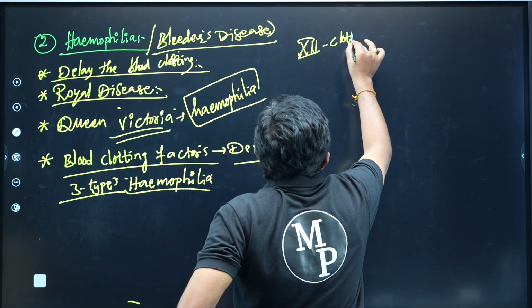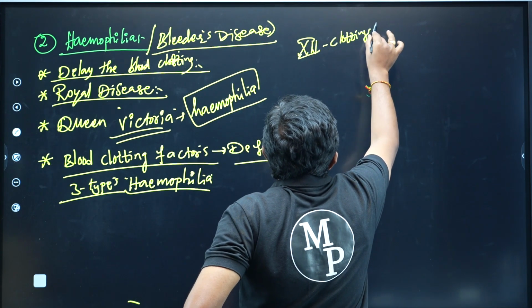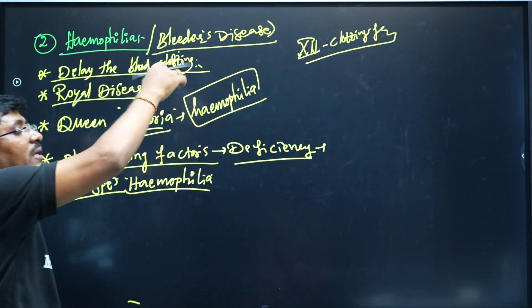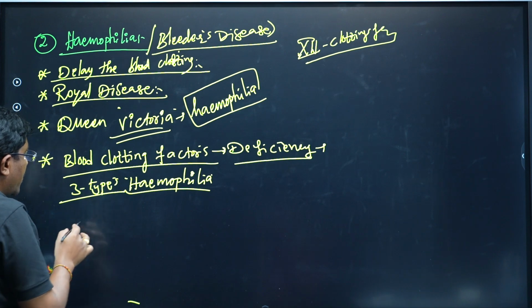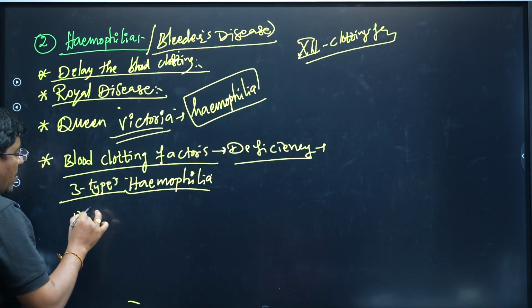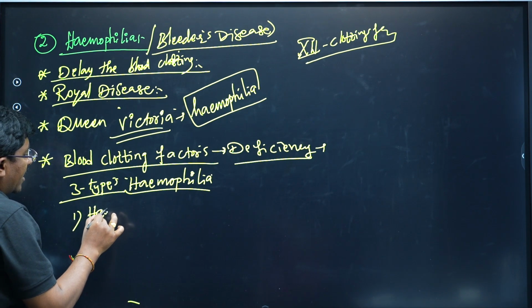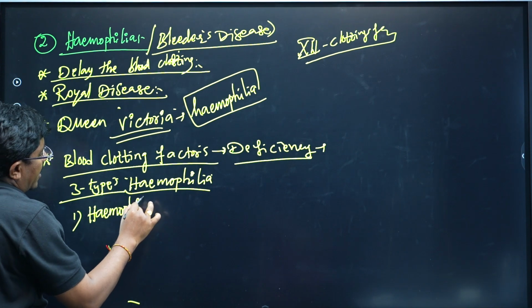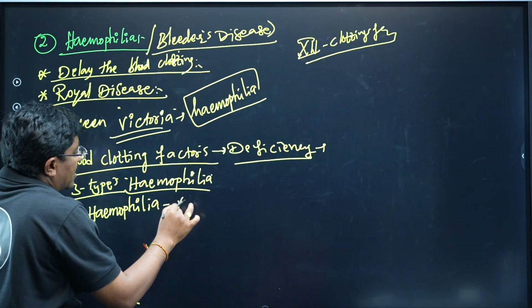By the deficiency of any one of them, we can decide one type. Based on this, there are 3 types, and one is hemophilia A.